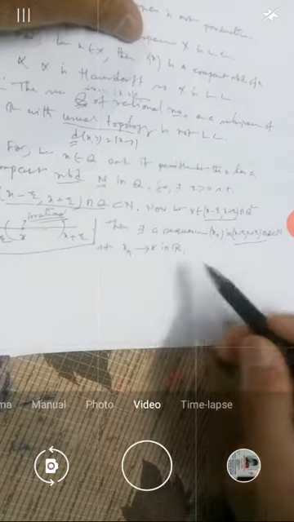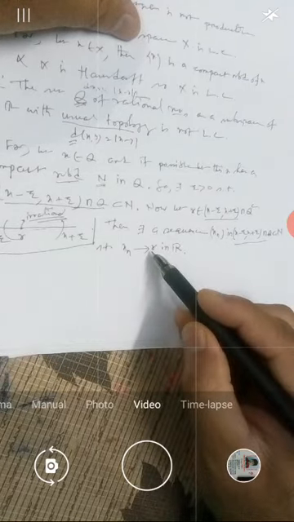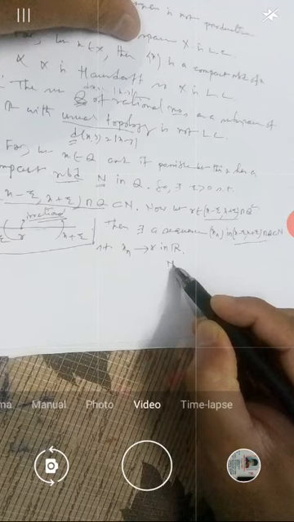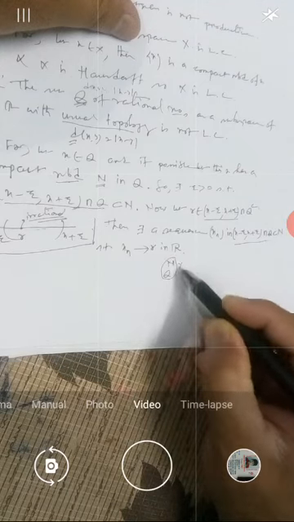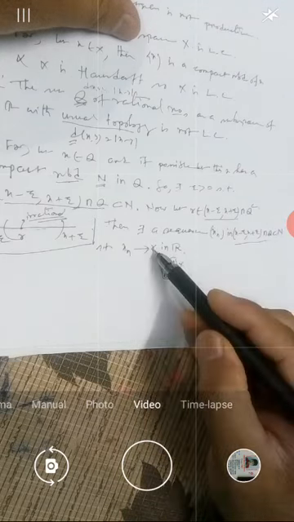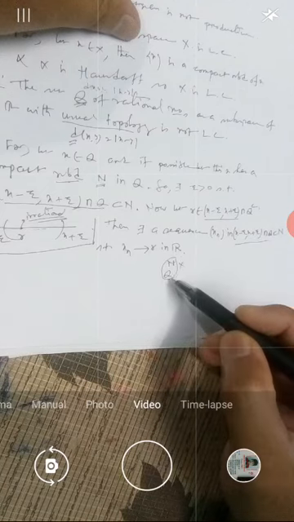because this is not true in N or in Q. Why? Because r is not in N, r is not in Q also.